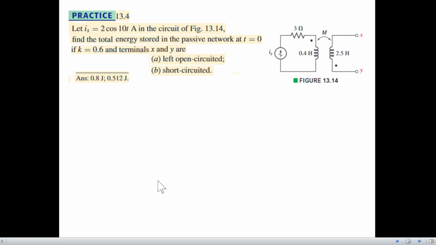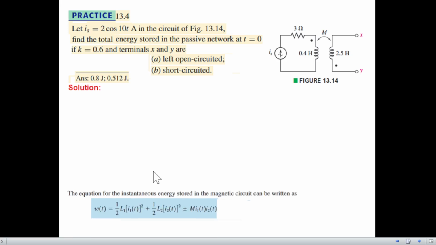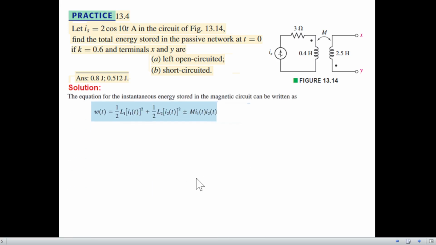So let's try to find out. First of all, if you read the book, this is the equation given. The equation for instantaneous energy stored in the magnetic circuit can be written as this formula. Here you can see M is with plus and minus sign.